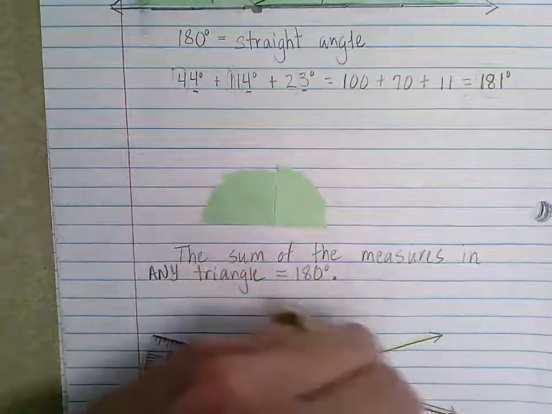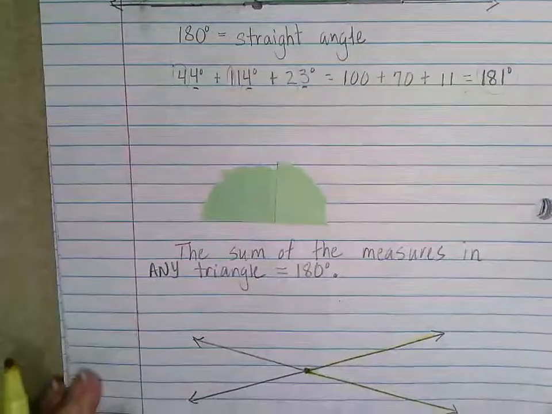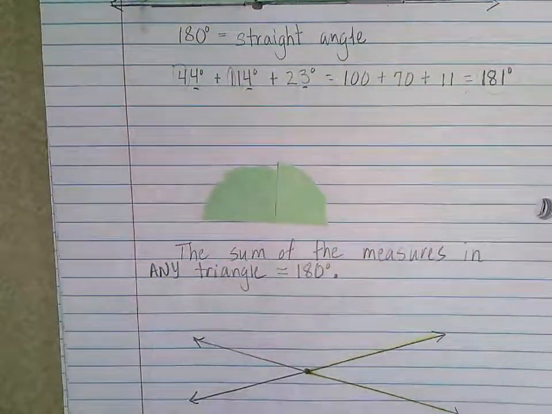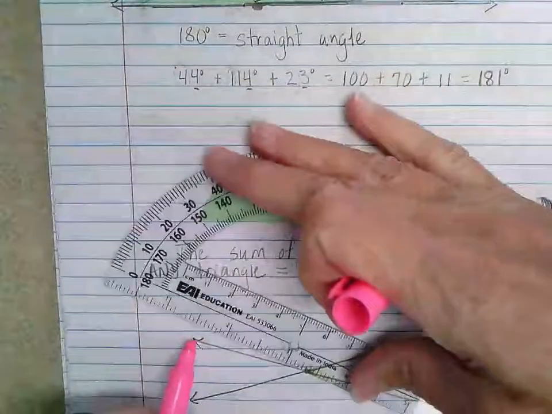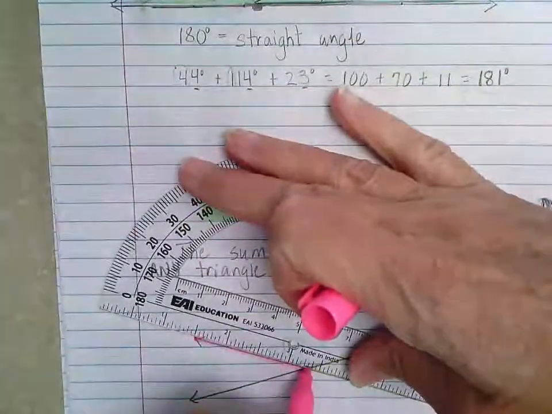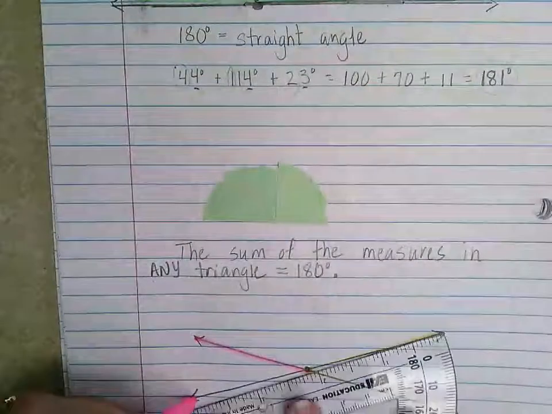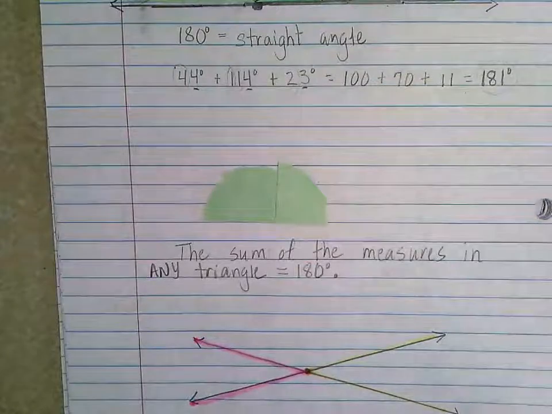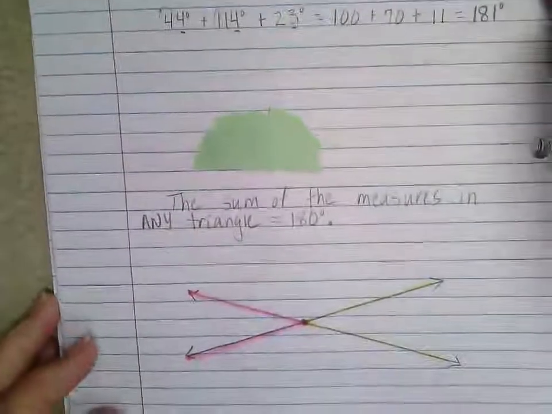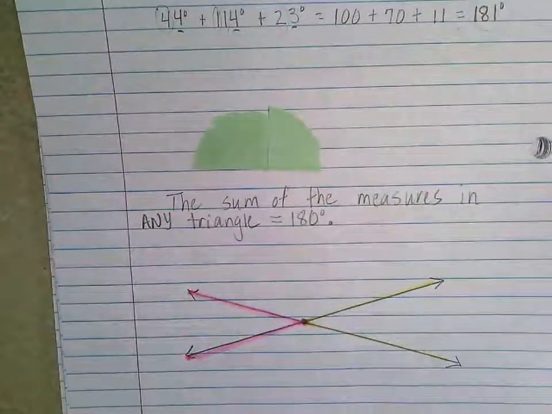angle right here that is formed when these two lines cross, and the angle that is opposite it when these two lines cross. The reason I'm using the highlighters is because to me they form a letter.